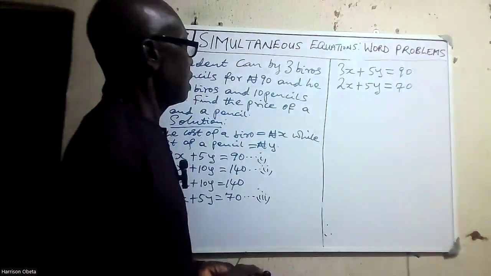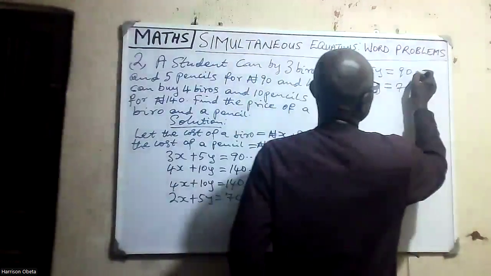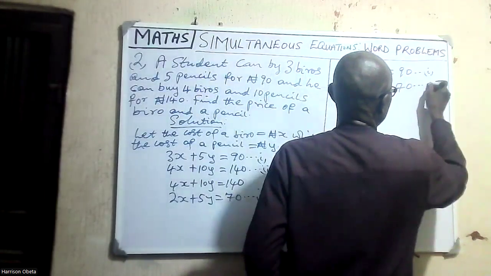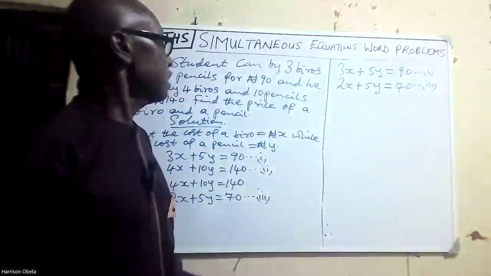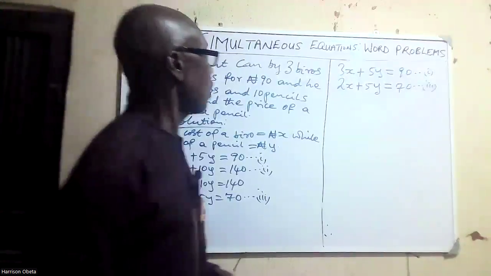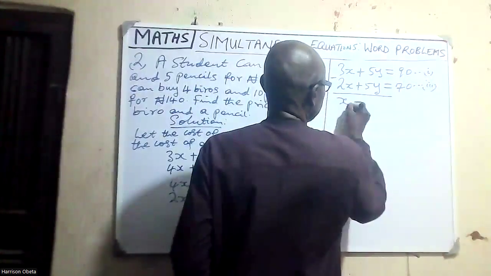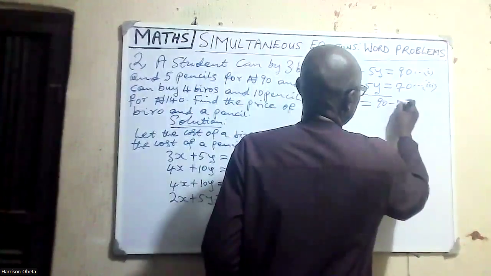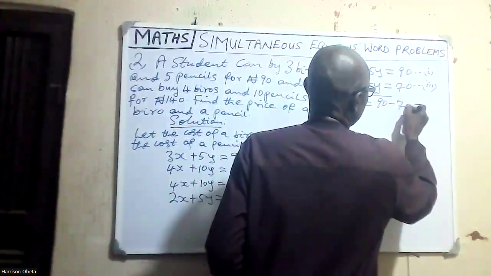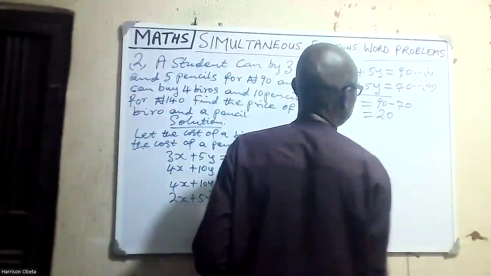Now we can subtract equation 3 from equation 1. And if you do that, we have x is equal to 90 minus 70, which will give us 20.